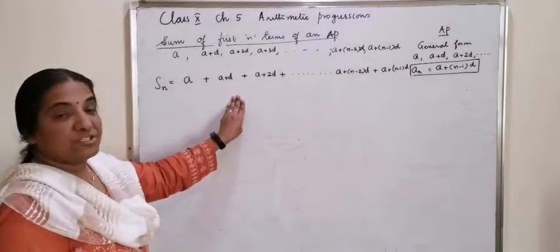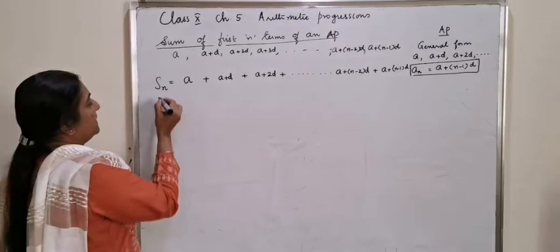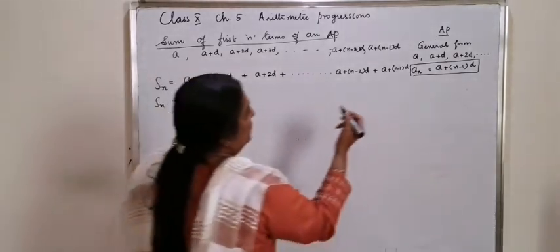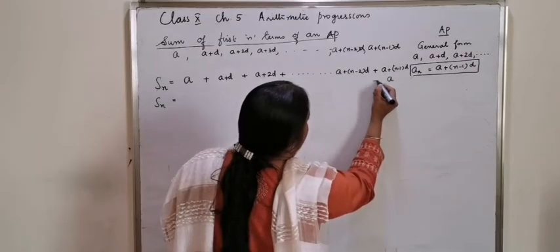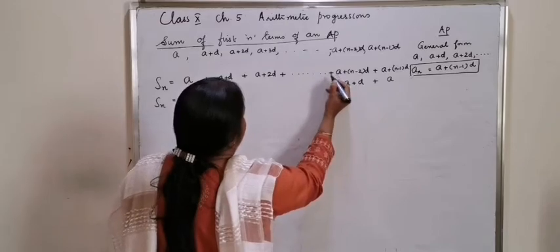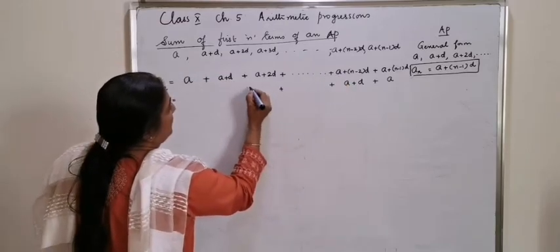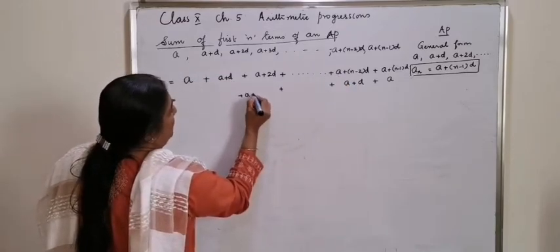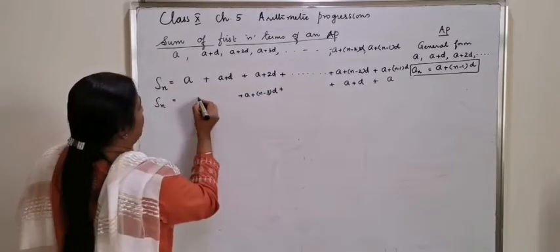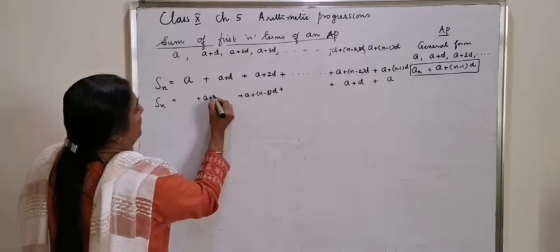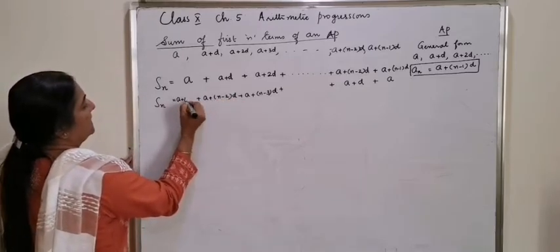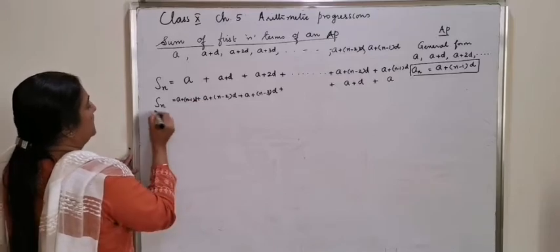This is the first order of arrangement. The second order is Sn in the reverse order. That is a plus n minus 1 into d plus a plus n minus 2d plus a plus n minus 3d plus etc. plus a plus d plus a.